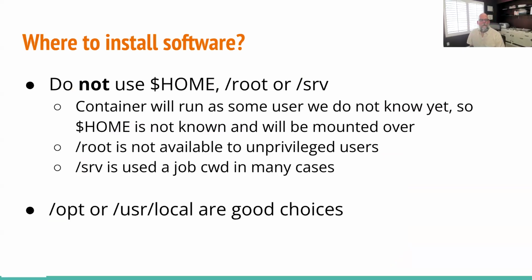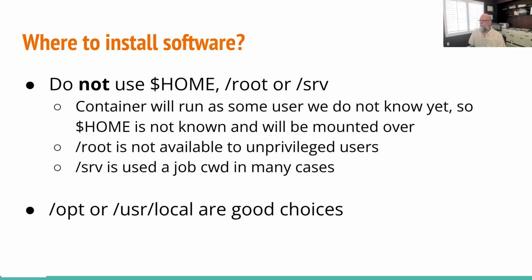Another common question is where on the file system should I be installing my software? And there's a few places where you do not want to do it, and that includes home, root, and srv. The reason for this is that home specifically is unique to the machine that you're running on.